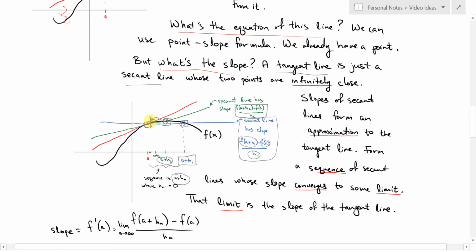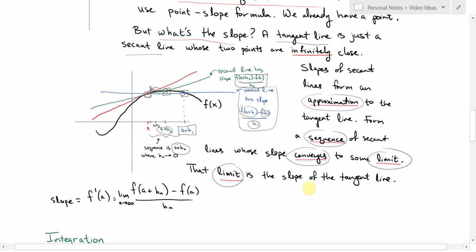So you can think of a tangent line as having those 2 points which it passes through coinciding. They're kind of infinitely close with each other. So the point is that the slopes of the secant lines form an approximation, there's that word again, to the tangent line. Your goal is to form a sequence of secant lines whose slopes converge, there's that word again, to some limit, and that limit is the slope of the tangent line we're interested in.